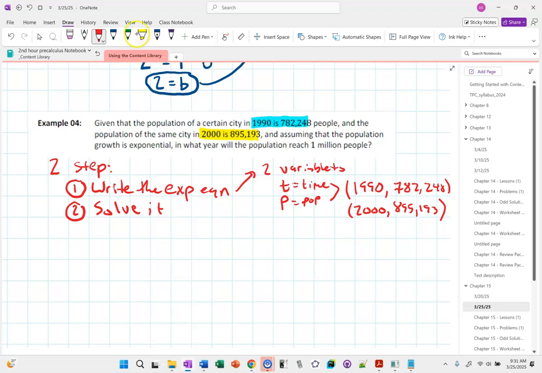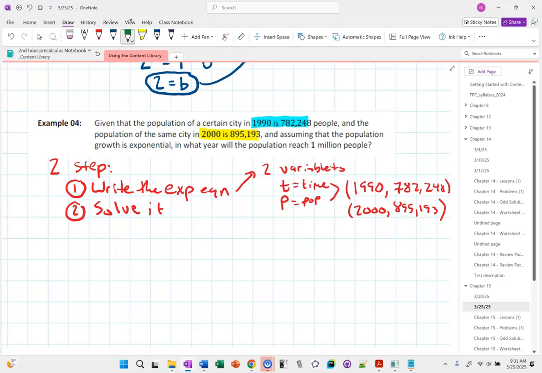Now, this is fine the way I've written this, but notice that neither of my x coordinates is 0, right? Which means I'd have to do that other way of writing my equation. That's a lot harder.